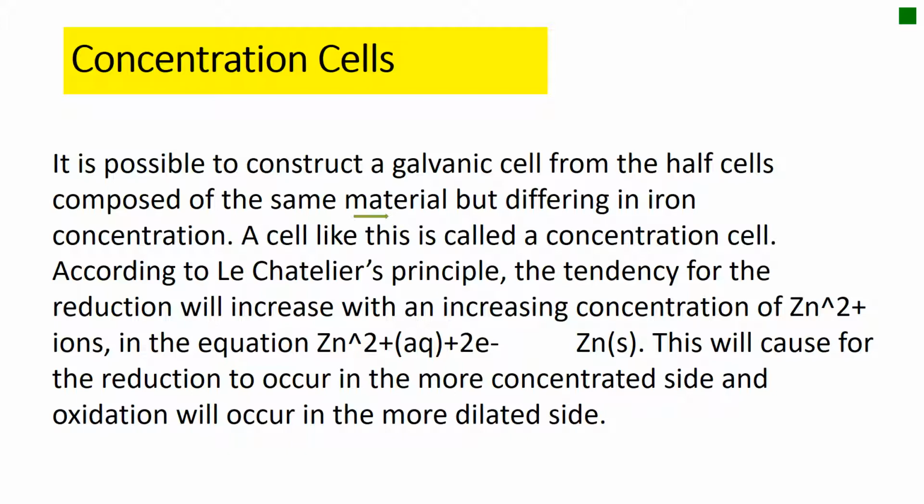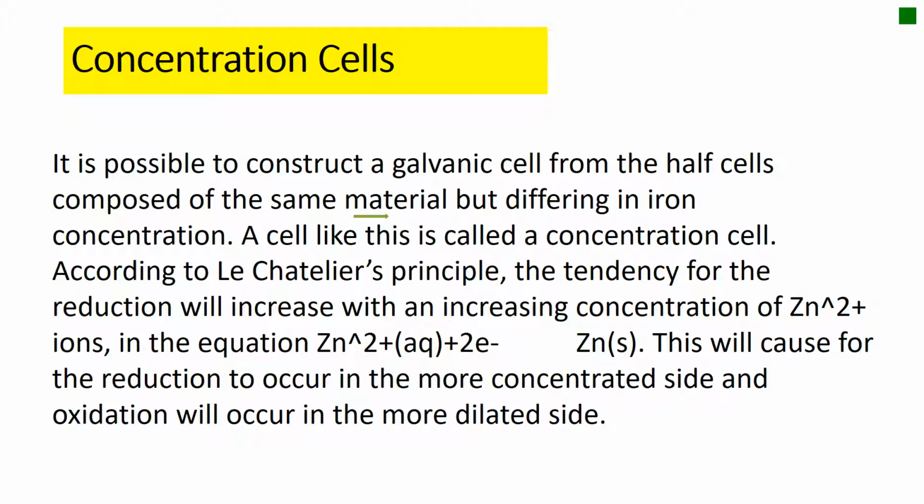Okay, so according to Le Chatelier's principle, the tendency for the reduction will increase with an increase of concentration of Cu2+ ions in the equation right here that I have as an example.